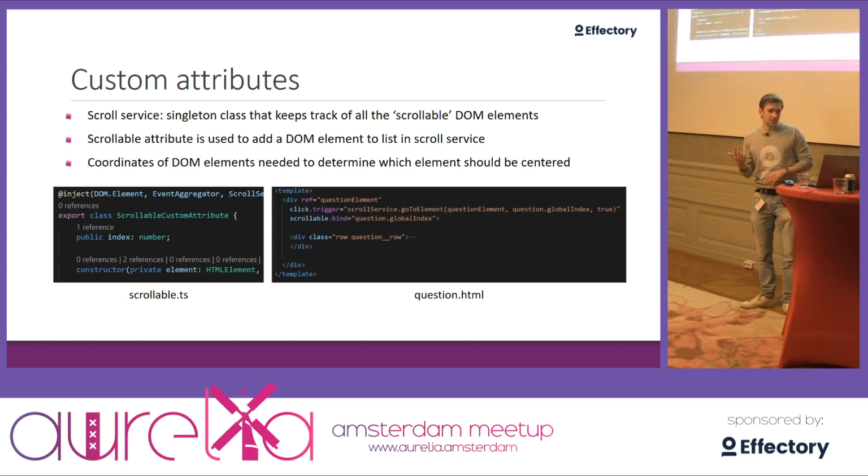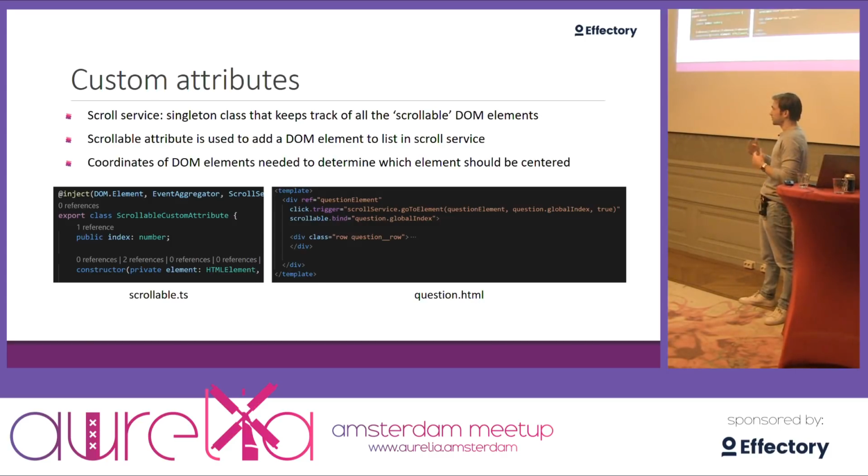So the way we use attributes here is to get information from the DOM elements. As you saw in the demo, only one element can be active at the same time. So this could be a subject header or a question card or the final block with the submit button. So each of these elements that can be active and snapped to by the app, we call those scrollable.